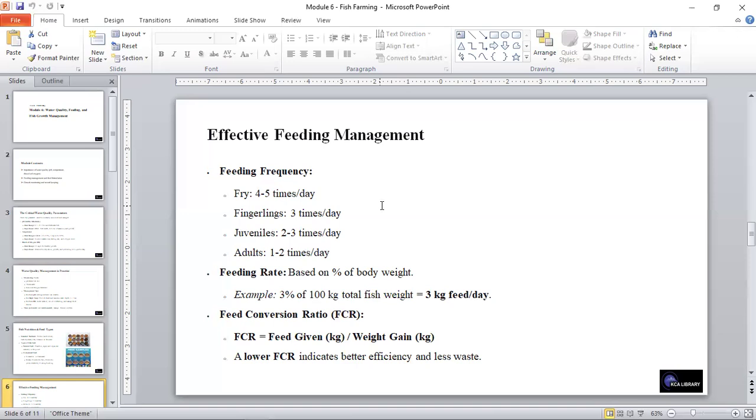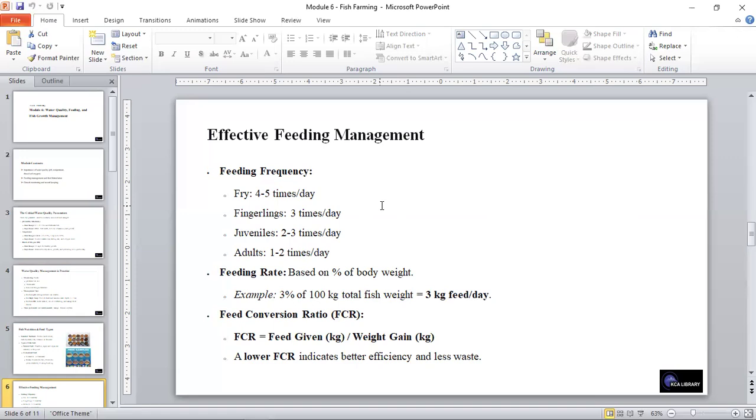Also for feeding rate, we feed based on the percentage of the body weight of the fish. For instance, 3% of 100 kilogram total fish weight is 3 kilogram of feed per day.